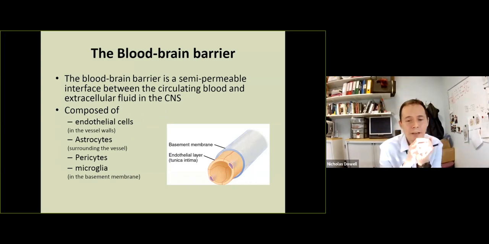Okay, so the blood-brain barrier is poorly named really. It's more of an interface than a barrier, a semi-permeable interface that separates the circulating blood from the brain tissue. So it's constructed of endothelial cells, astrocytes, pericytes, and microglia.